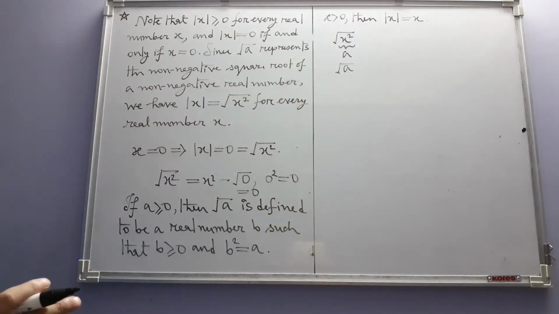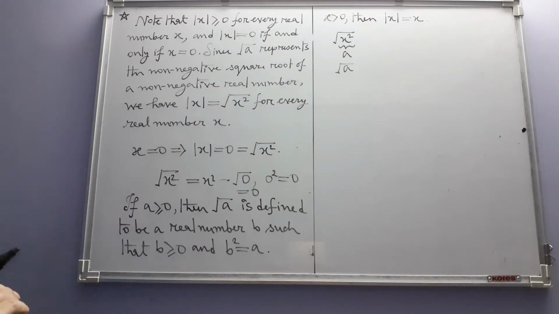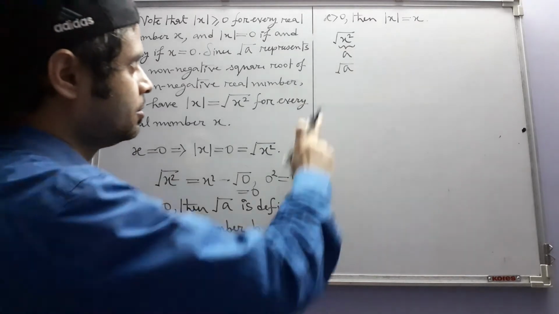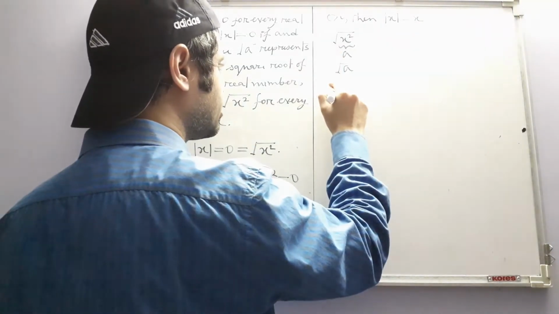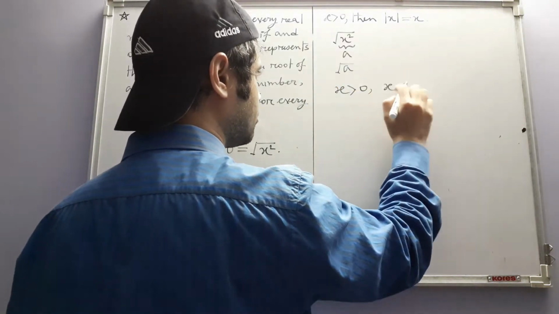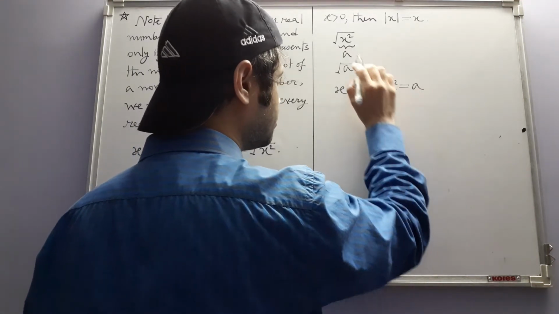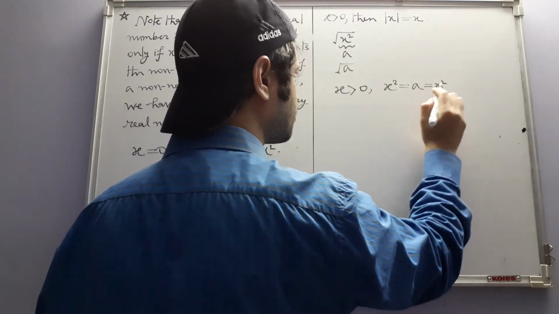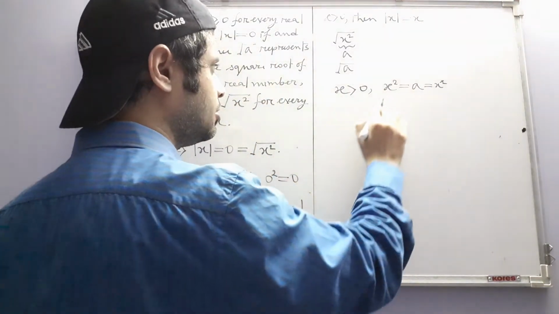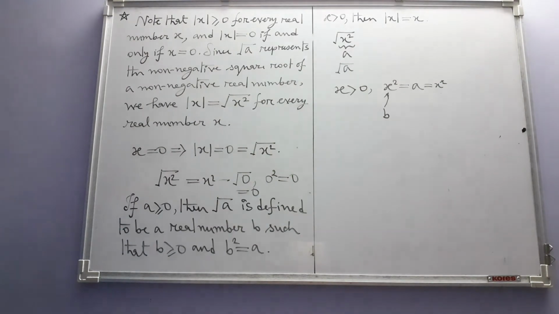Root a is a non-negative real number whose square is equal to a. Because x is greater than 0 and x square is equal to a, which is nothing but again x square, we can take b to be x itself.